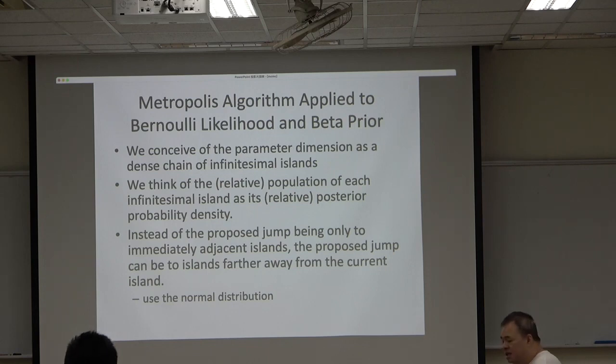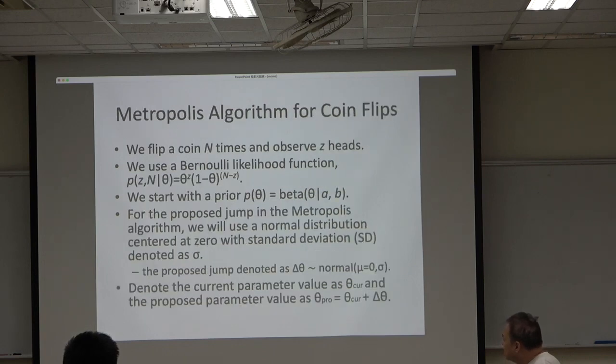As I said, this set of slides comes from the Doing Bayesian Data Analysis book. Some of it is useful, but some of it we already talked about, so I will skip that.